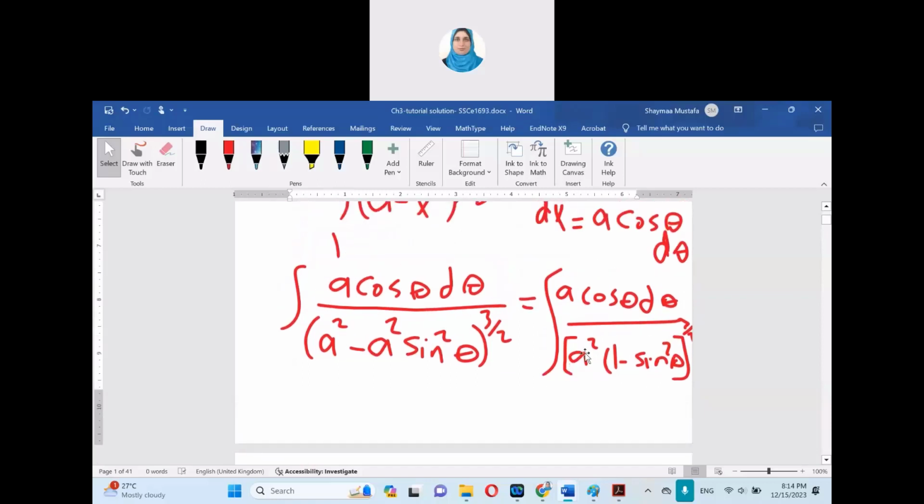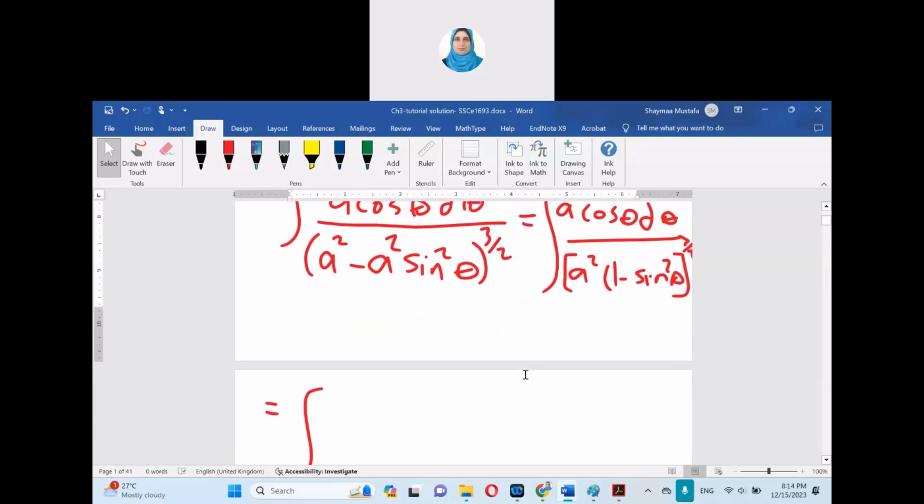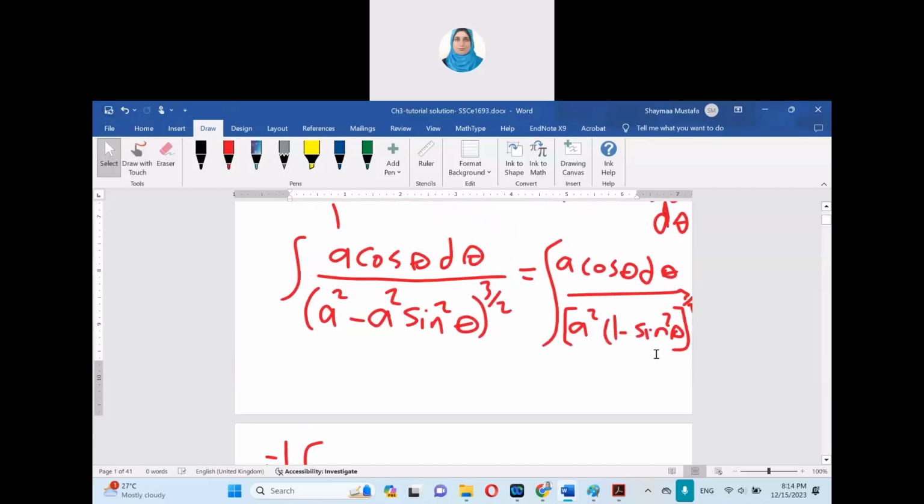Now here, a square to the power 3 over 2 is a cube. So a over a cube is 1 over a square, which can be outside the integration. 1 minus sine square theta is cos square theta.